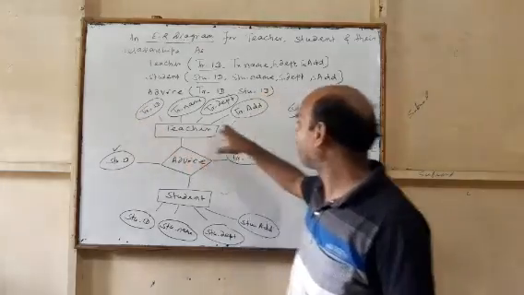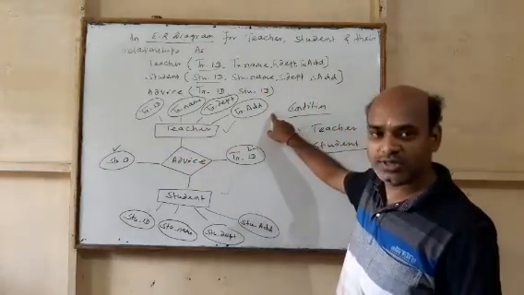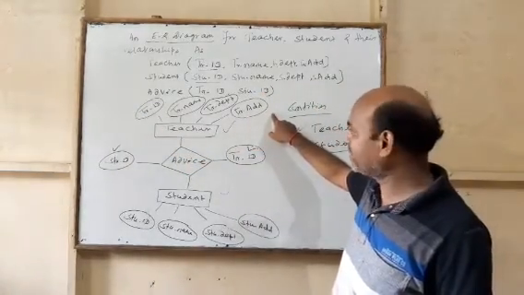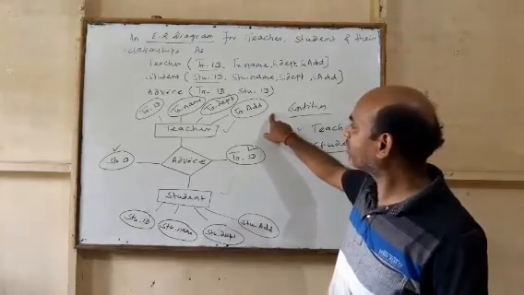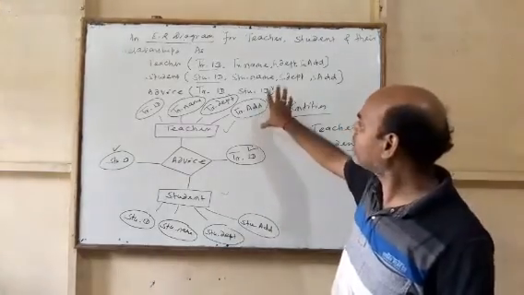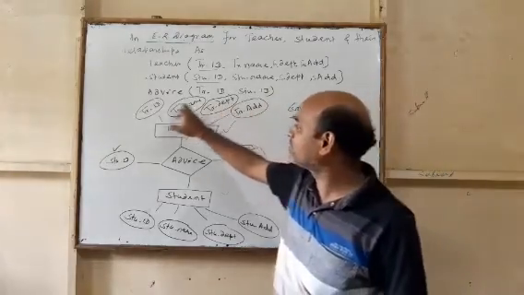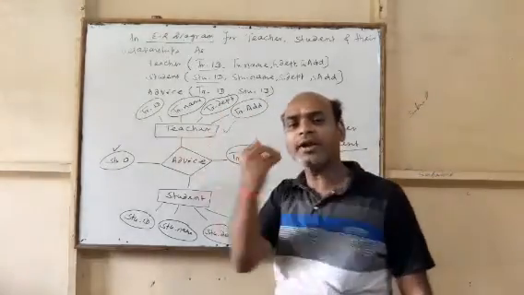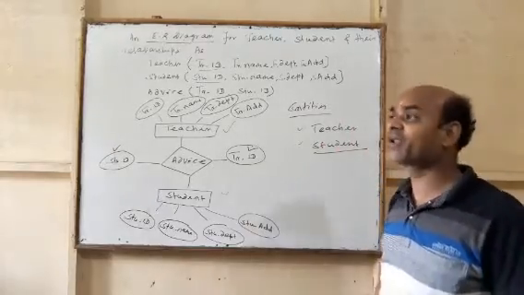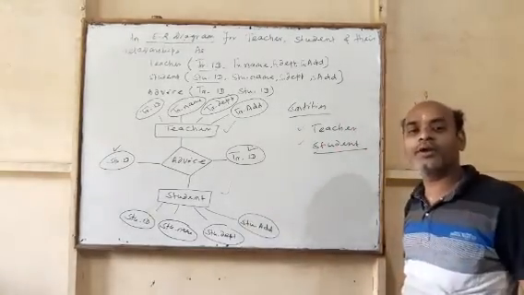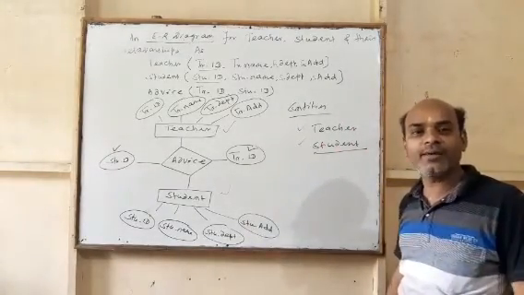Suppose you want to add new attributes to the teacher, like experience or designation or anything else, you can also add. It is not mandatory to keep only this many attributes. So the number of attributes can be added according to your requirement while drawing a complete ER diagram.